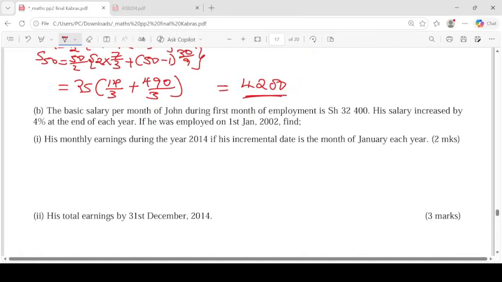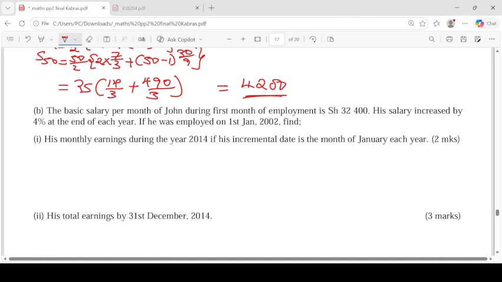Part B, the basic salary per month of John during the first month of employment is 32,400. His salary increased by 4% at the end of each year. If he was employed on 1st January 2002, find his monthly earnings in the year 2014 if his incremental date is the month of January each year.